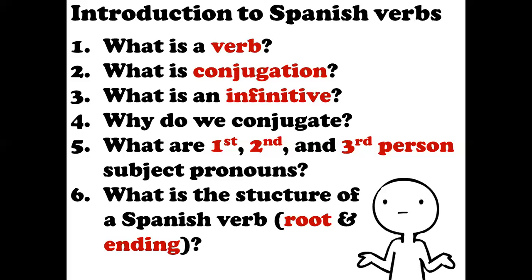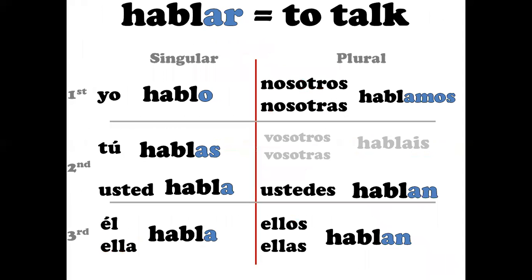What are first, second, and third person subject pronouns? We discussed those, and first, second, and third person is a framework. It's a method to understand conjugations, and then the structure of the Spanish verb. We'll talk about that further in future videos. And so we've looked at this chart.